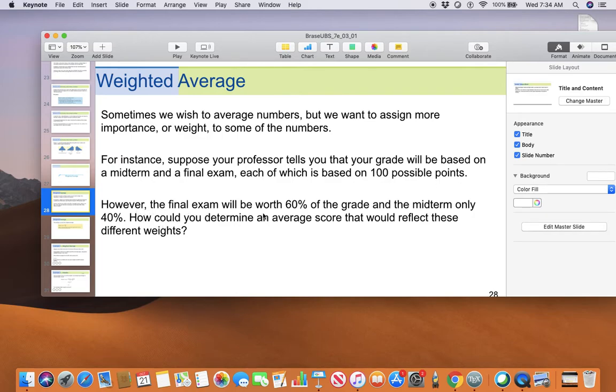However, the final exam will be worth 60% of the grade and midterm only 40%. So you see, both midterm and final are of 100 points each, but final exam is weighted more than the midterm exam. How could you determine an average score that would reflect these different weights?